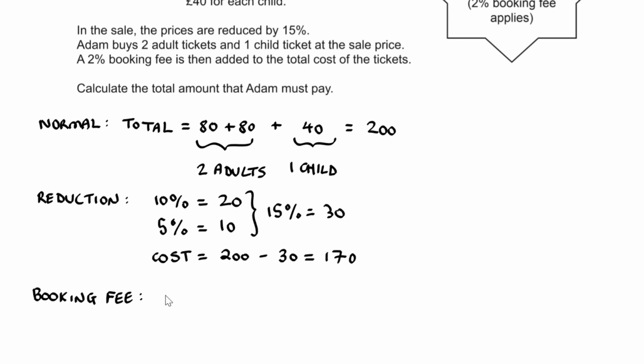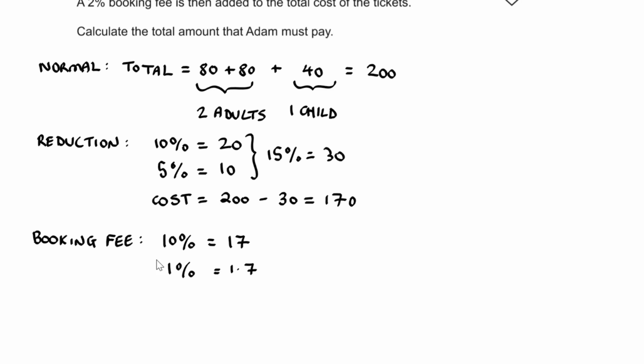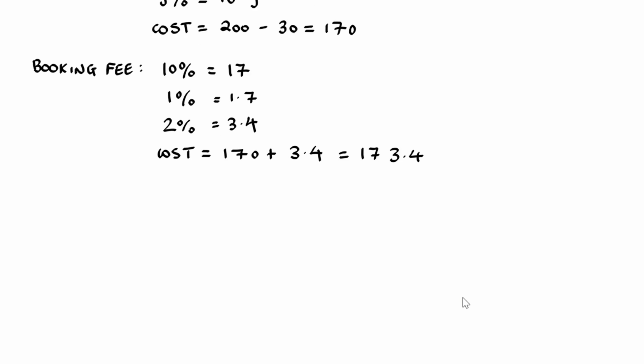So first of all, if we work out what 10% is, 10% is equal to 17, and therefore 1% is equal to 1.7, and therefore 2% is equal to 2 times by 1.7, which is 3.4, and therefore the cost now is 170 plus 3.4, so we get £173 and 40 pence. So we get £173.40.